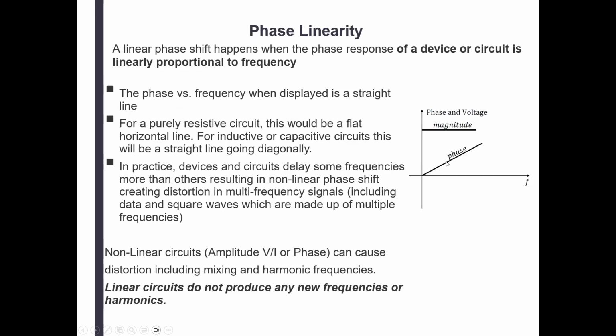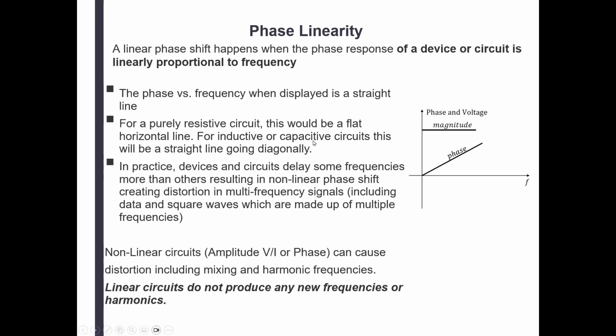We have a straight line, linear phase shift happening as the frequency changes. For a purely resistive circuit, this would be a flat horizontal line. If you just have a resistor, there's not going to be a phase shift.